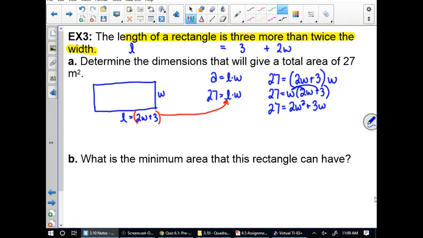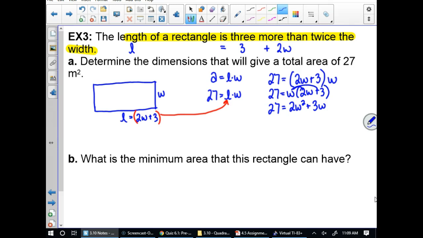How do I solve a quadratic? We've done a lot of quadratic solving. Before I do anything, unless you're going to complete the square, which I would not suggest on this, because you'd have to divide everything by 2 first, and then you get a 3/2 for your b.